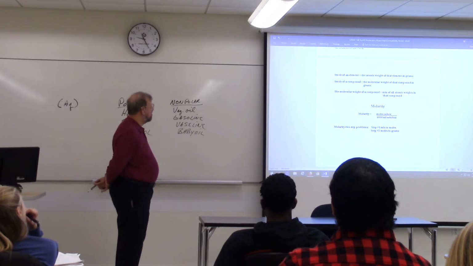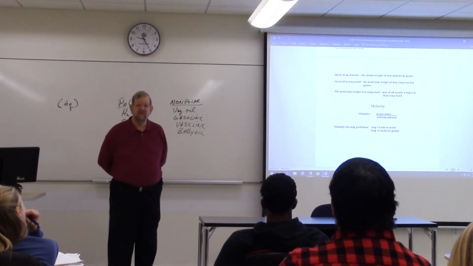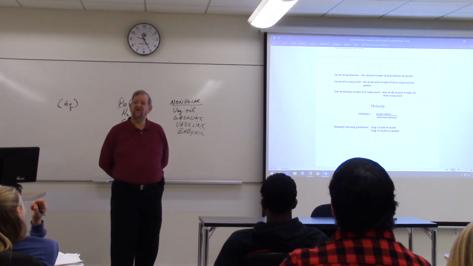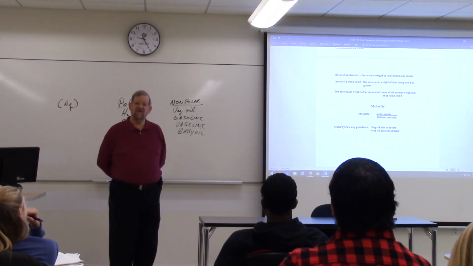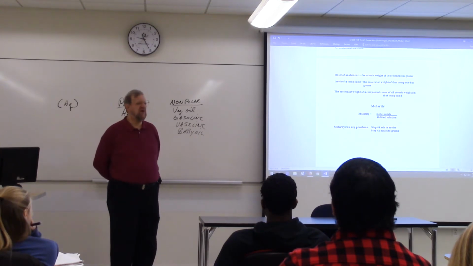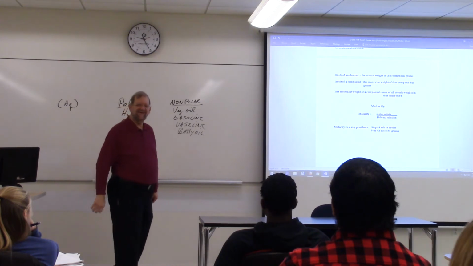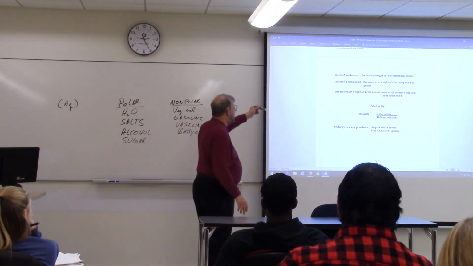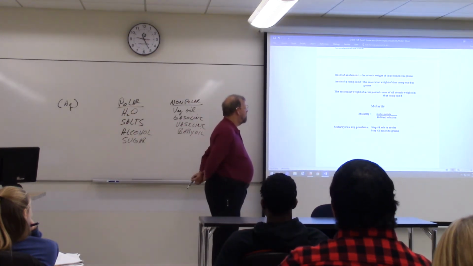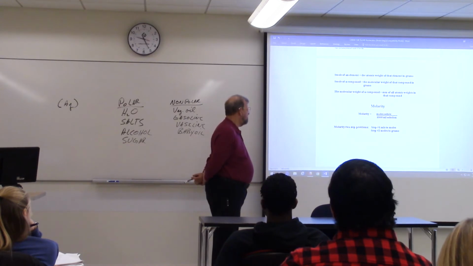I have up there that 1 mole of an element equals its atomic weight. Can you keep a secret? I don't think on a test 3 I've ever used atomic weights. It's always compounds. So, it's a secret. And again, molarity is moles of solute per 1,000 milliliters.